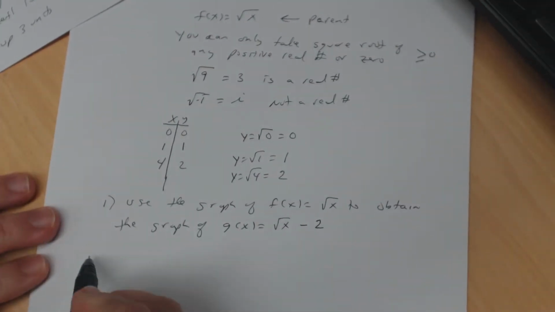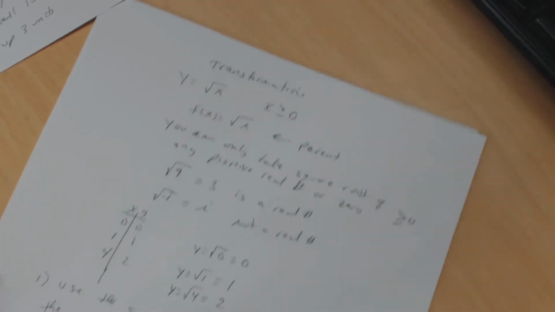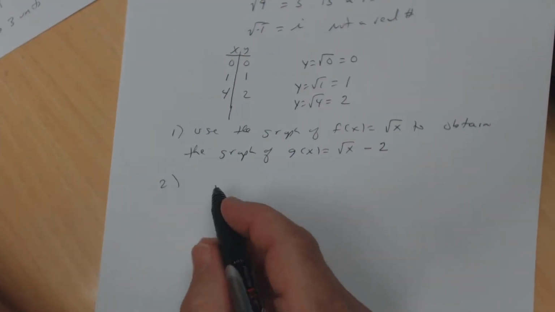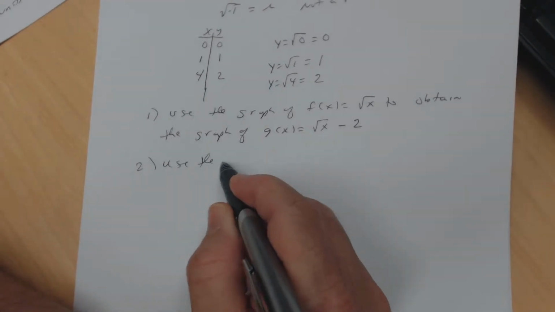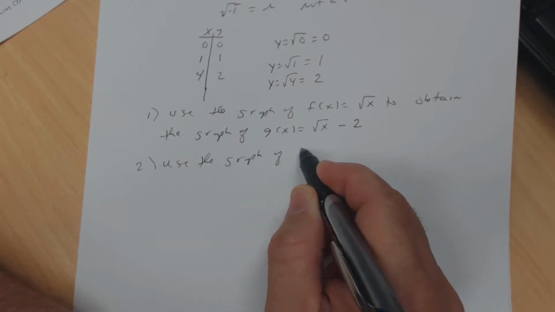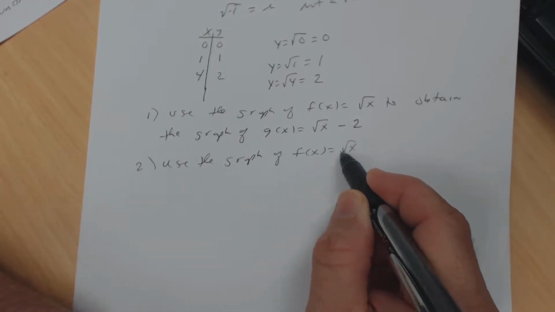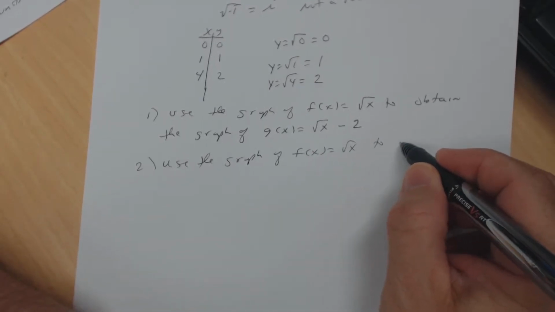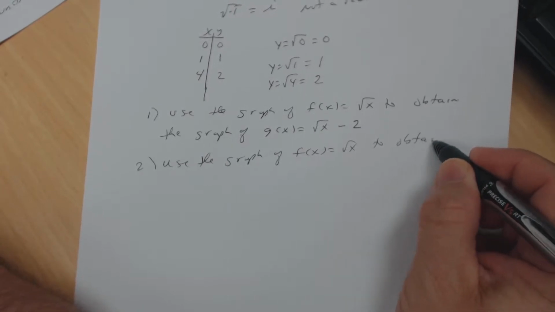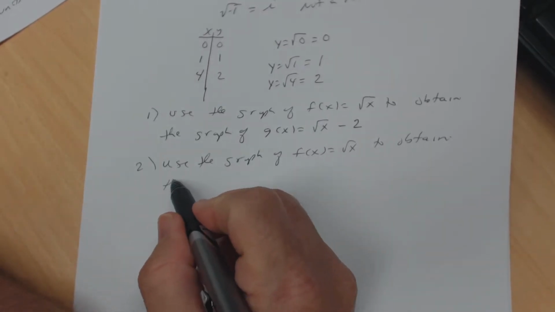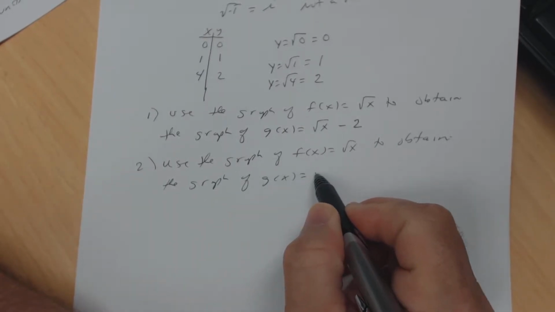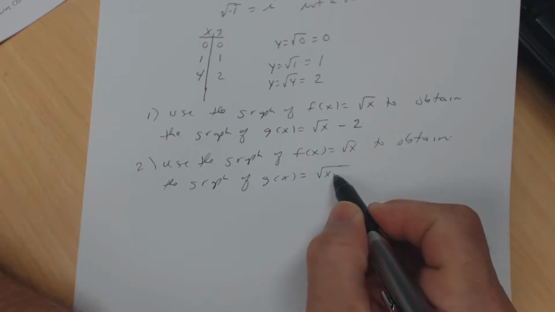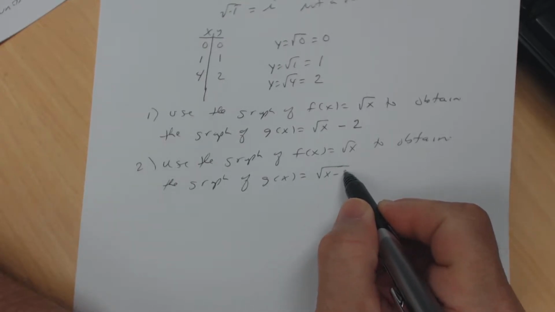So let's suppose number 2 says, use the graph of f of x, which equals square root of x, so that's your parent function, and you want to use this to obtain the graph of g of x, which equals the square root of x minus, let's say, 2, x minus 2.